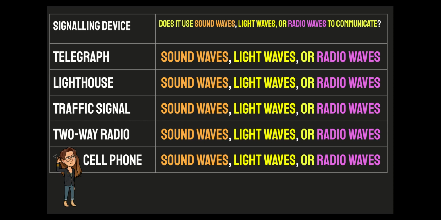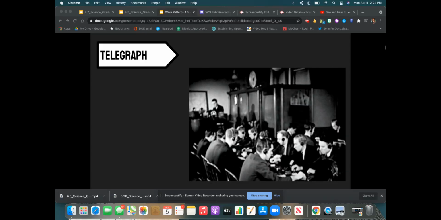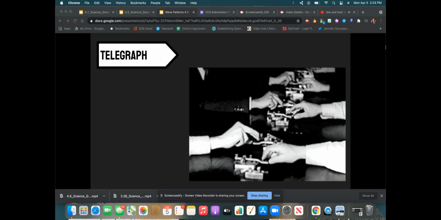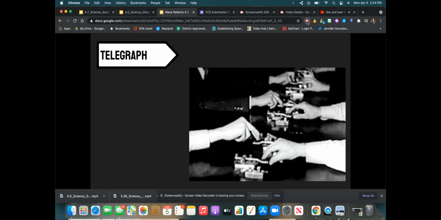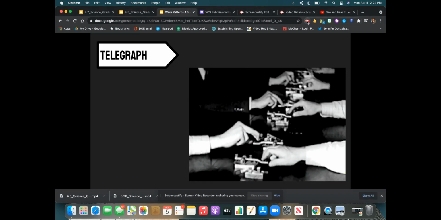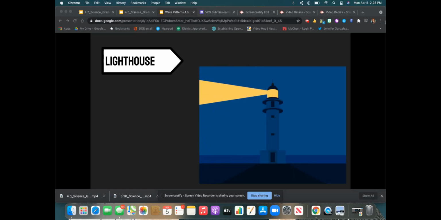Let's take a look at our first device, the telegraph. And here is your second device, the lighthouse, sending a message to the ships out at sea.